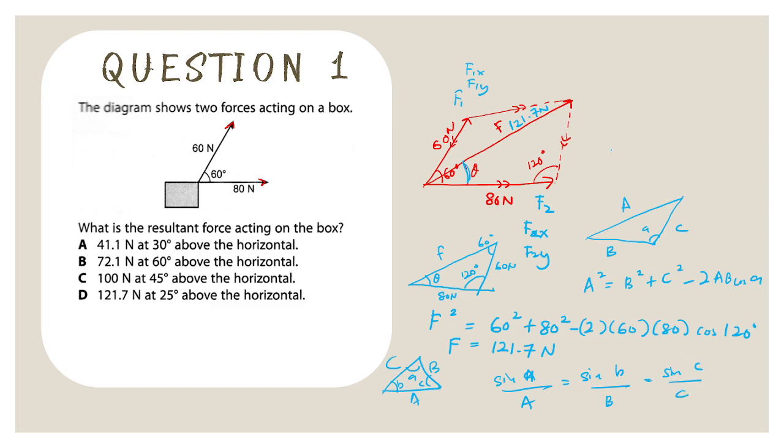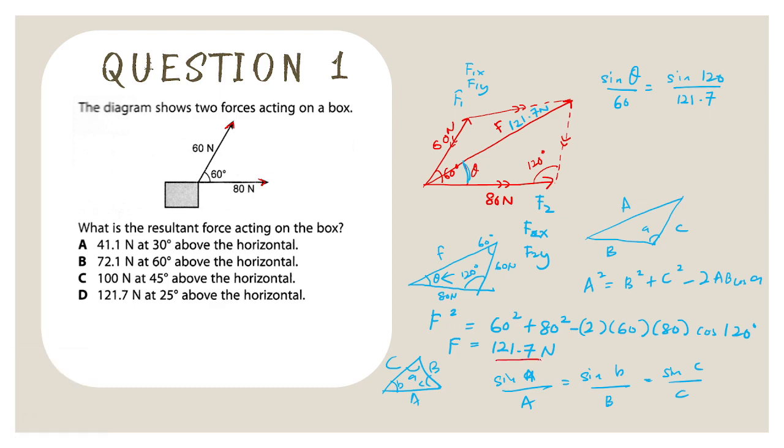In this diagram, we have sine theta over 60 equals sine 120 divided by 121.7. This 121.7 came from the answer over here.